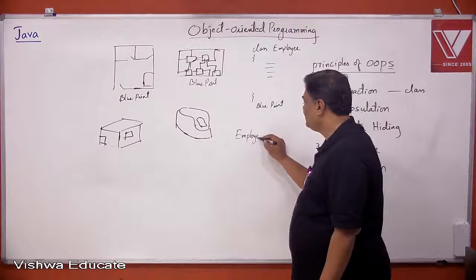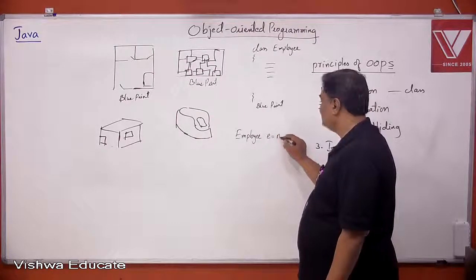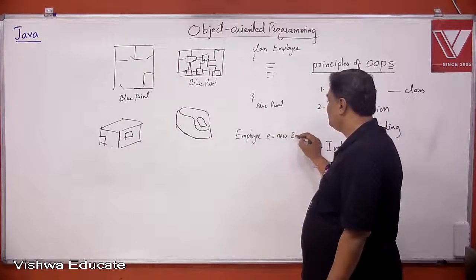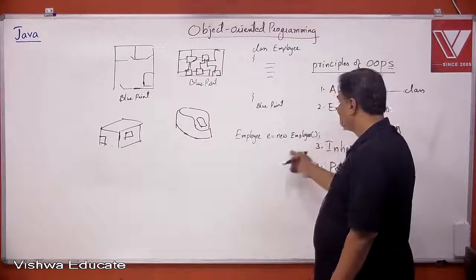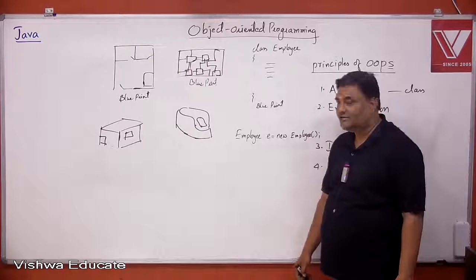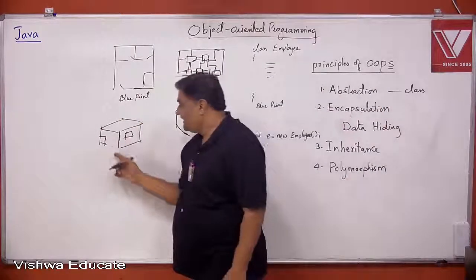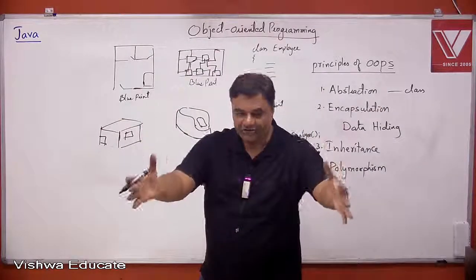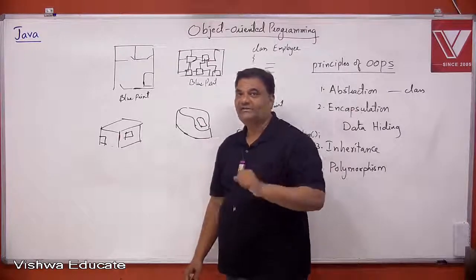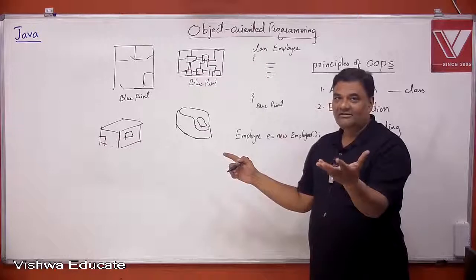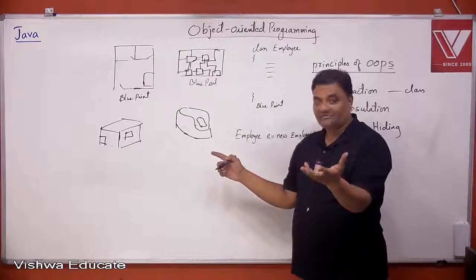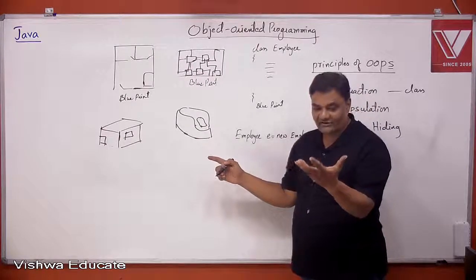Then Employee E = new Employee. Object is created. A physical house is created on some plot. Physically, a thumb scanner or fingerprint scanner, you can touch it with your hand, you can see it.